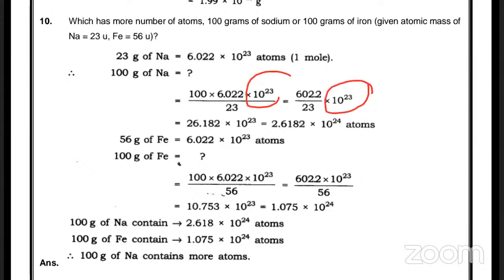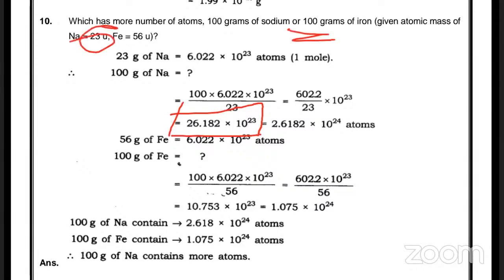So 100 into 6.022, you will get 602.2 divided by 23. If you solve this, you will get the answer as 26.218. This is for 100 grams of sodium.